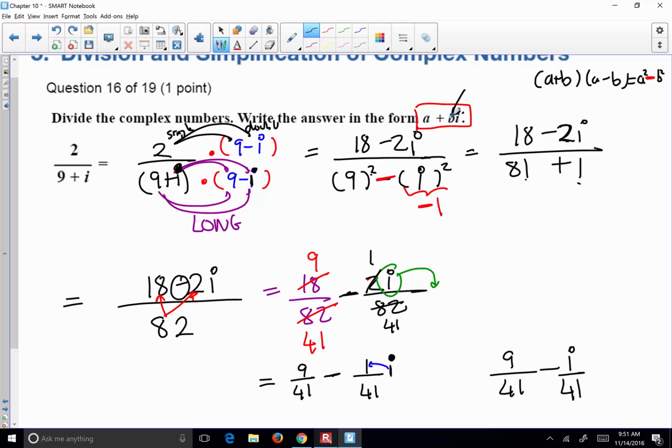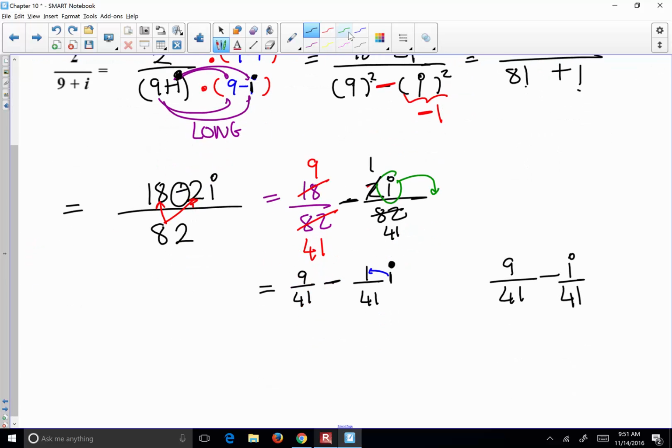They want a plus bi. This is your a. This is your b, and this is your i. So 9 over 41 plus minus 1 over 41 i.